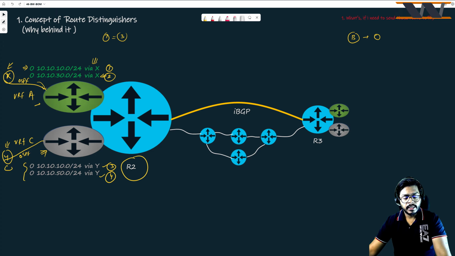The problem is this router R2 is here, and similarly we have router R3, and we all know that we have Prashant Patil, who has created this service provider network. Now, R2 and router R3 are exactly facing customers, and that is why we have two different VRFs configured on router R2, and we have two different VRFs configured on R3. One is the green one, the other one is the gray one.